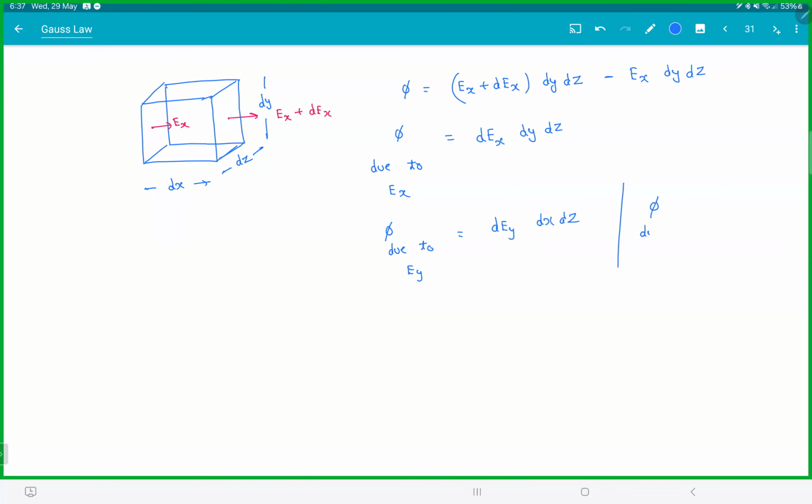Similarly, the flux due to the Ez field will be dEz, dx and dy. I hope this is making sense. So let the field on one face be Ex. If you go a little distance dx, the field will change by a small dEx. What we are finding in the end is the flux through the closed surface, not the flux on each surface. So for the total flux through this cuboid, flux is a scalar quantity, so I can directly add it up. And here dEx is given, what is E bar?